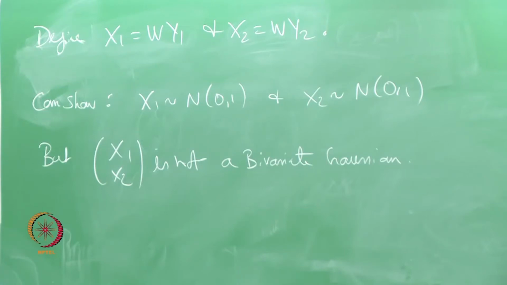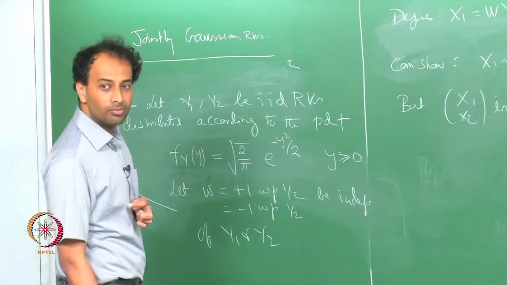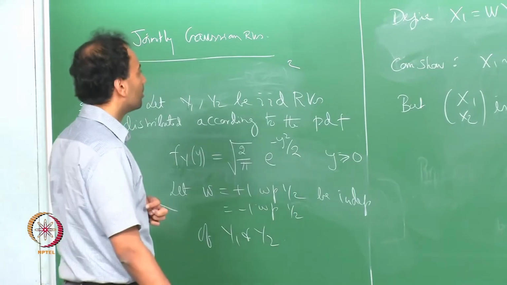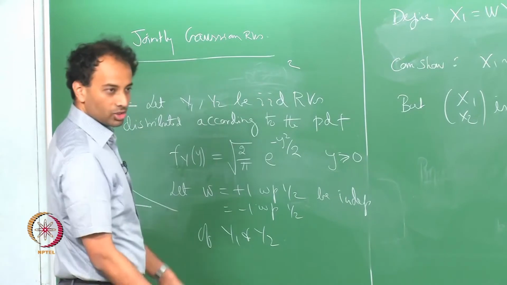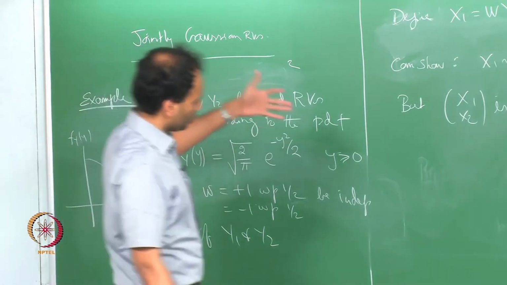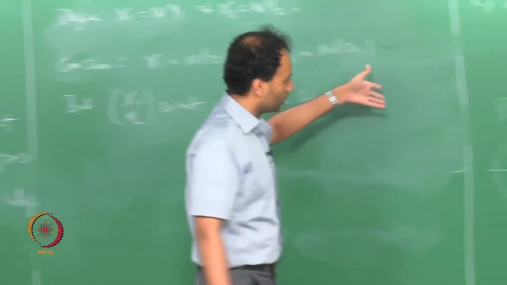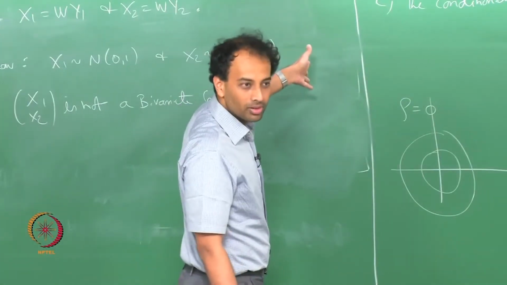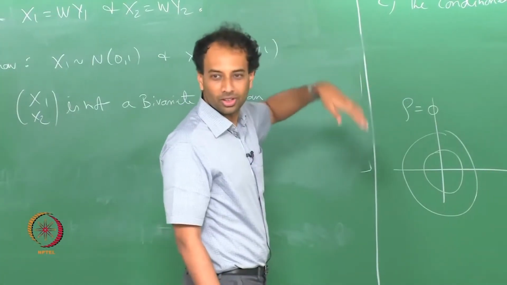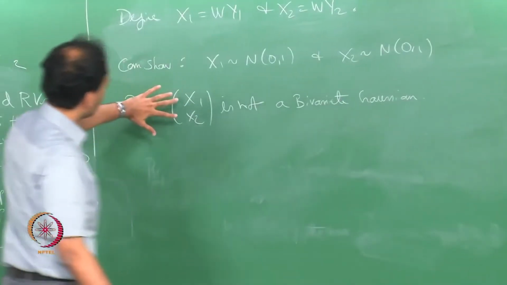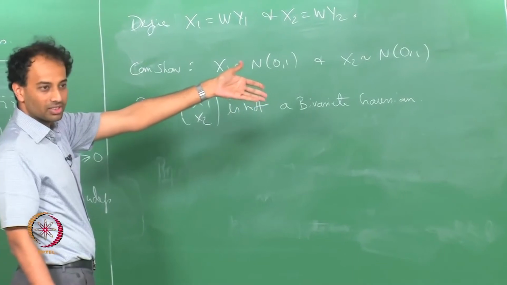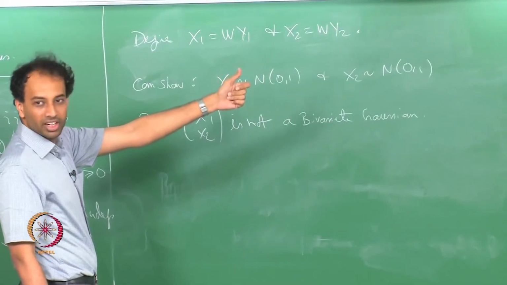Why is that? I am looking at the vector (x1, x2), right. In order to show that something is a bivariate Gaussian, I need to show that it has a density of that form, right, with the minus 2 rho xy and whatnot. But clearly x1 and x2 cannot possibly have a density of that bivariate Gaussian form.